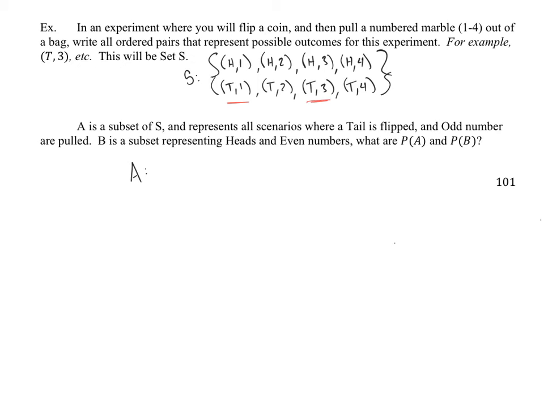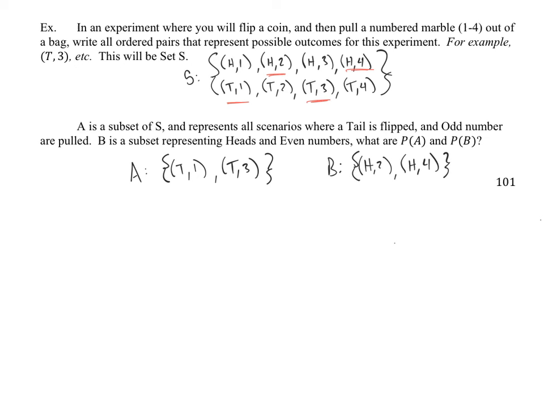So A seems to just be T1 and T3. There is set A. And set B is any scenario representing heads and even numbers. So heads and an even number, heads and an even number. So that's going to be H2 and H4.